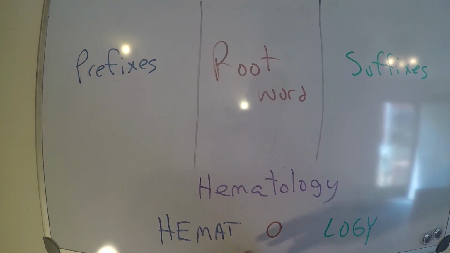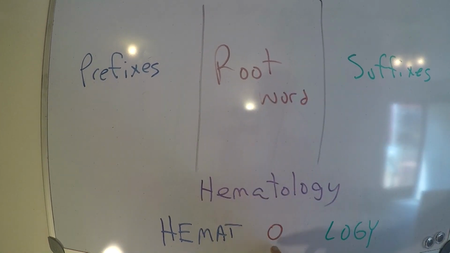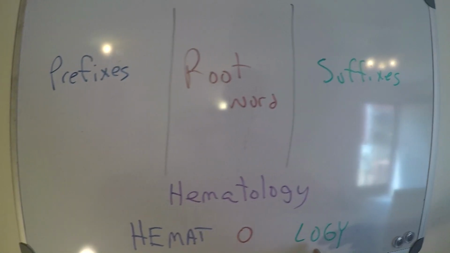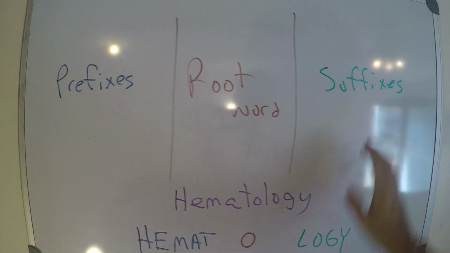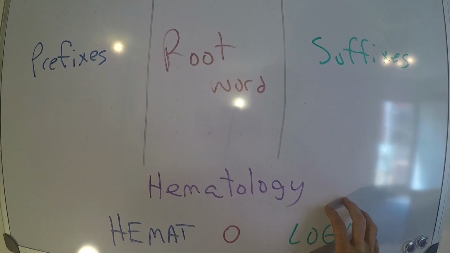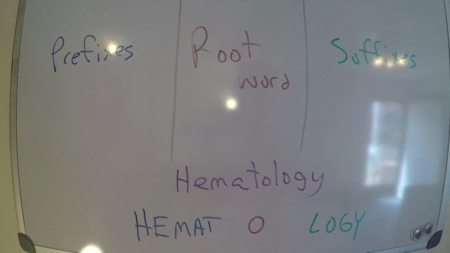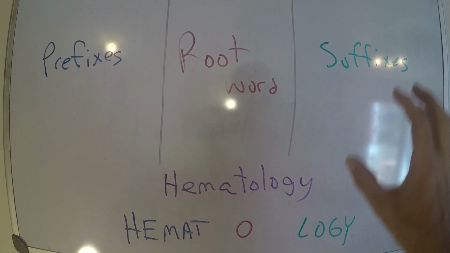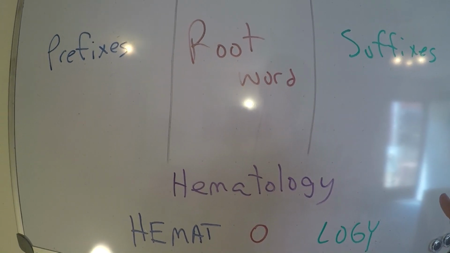Alright guys, here we go with an example. Hematology. Hemat is the root word, the O is the combining vowel, and ology is the suffix. So, the study of blood. You see how I did that? I took the suffix first. I know the suffix is on the end, but you've got to remember, go to the end first. What is it?